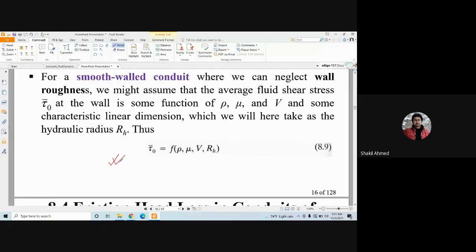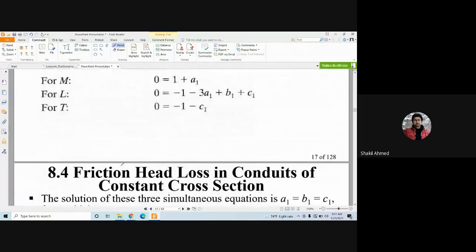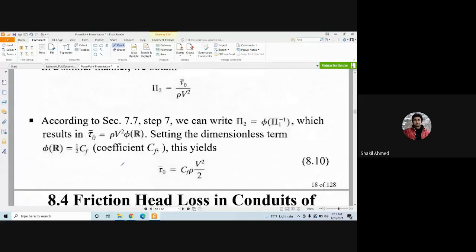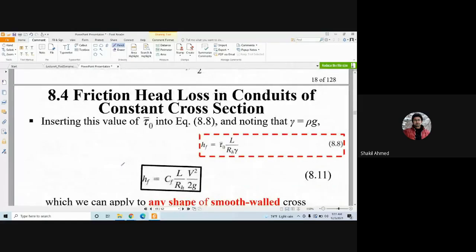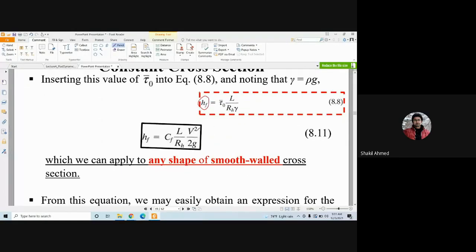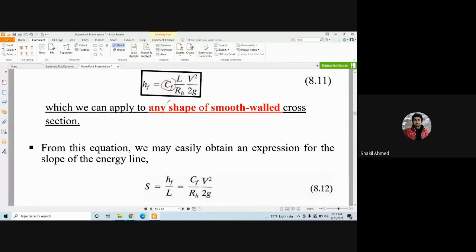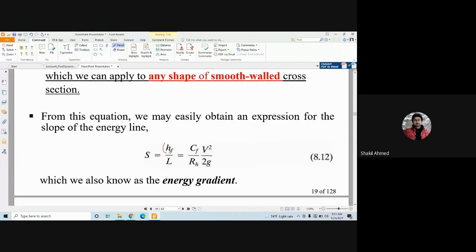Dimensional analysis means we analyze based on entities which do not have any dimension. Then we have replaced this HF with another value, that is CF. What is the relationship between HF and CF? This is the relationship.